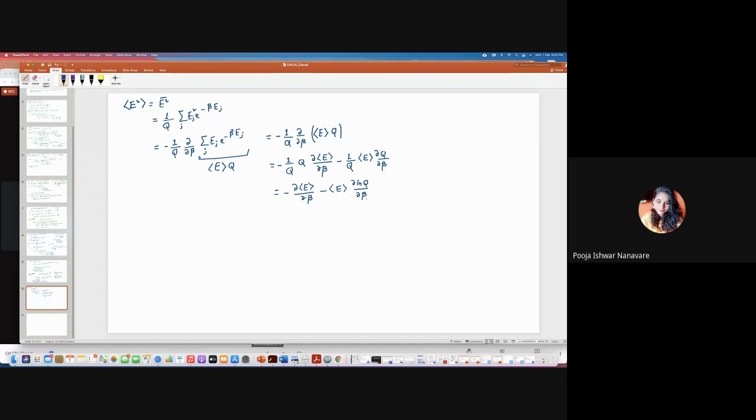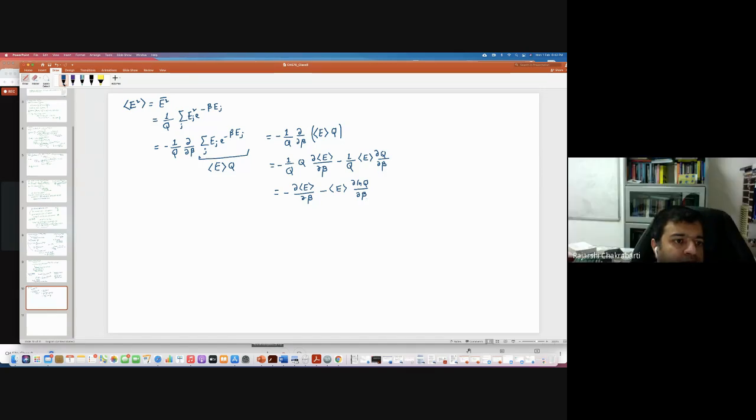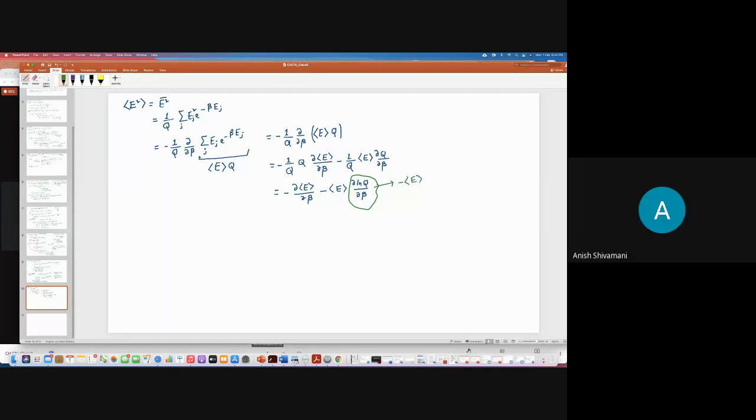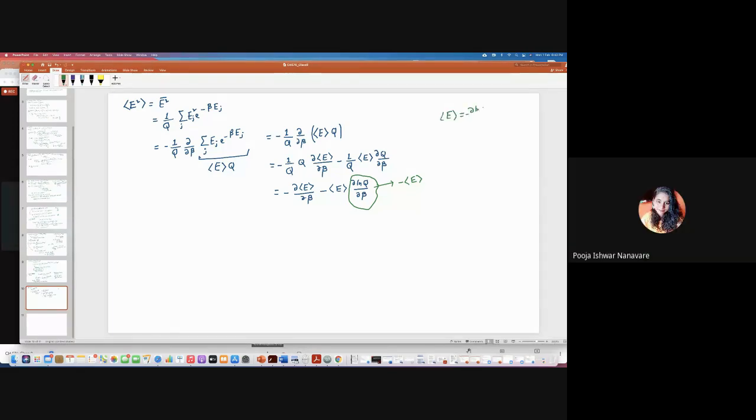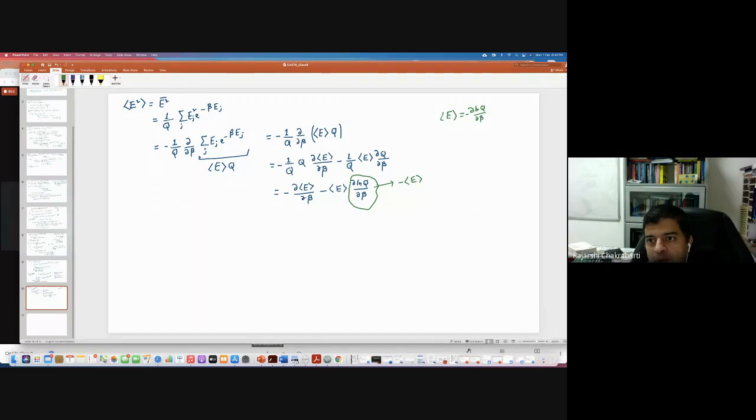And what is this? You remember, this is proportional to N. Minus E average, this one, remember, because your E average was, if I go back, minus d ln Q by d beta. Of course you have to keep N and V constant, which I'm not writing again and again.